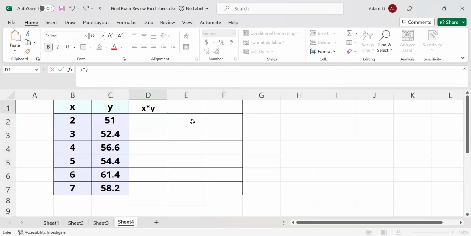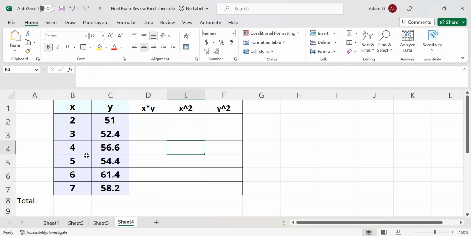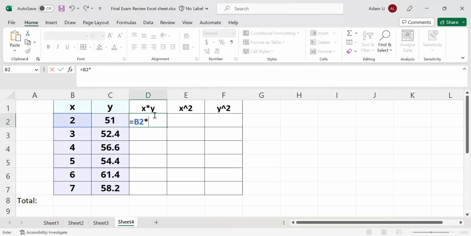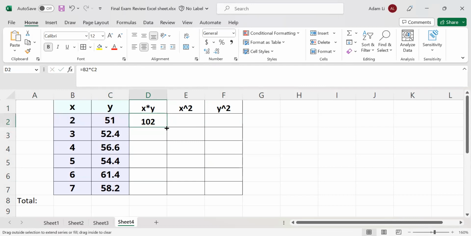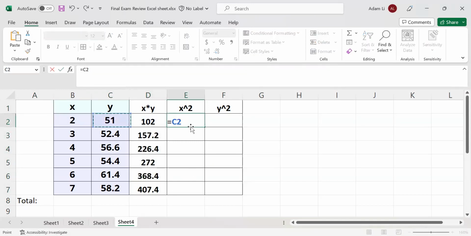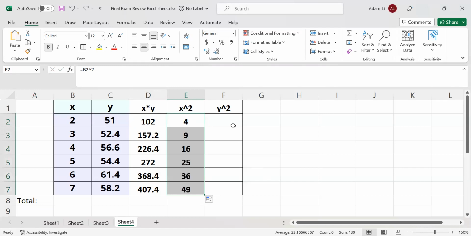We need X times Y, very similar, X squared, Y squared. And we need a total element. That's the most important thing. So let's get XY first. X times Y. Get that. I'm going to get the rest of them. Same thing for X squared, squared X. I'm going to drag it, get the rest of them.